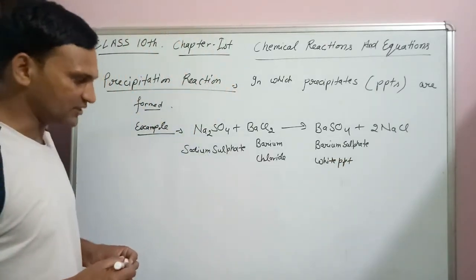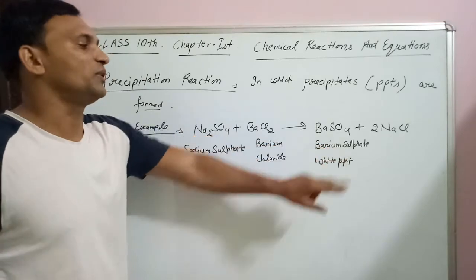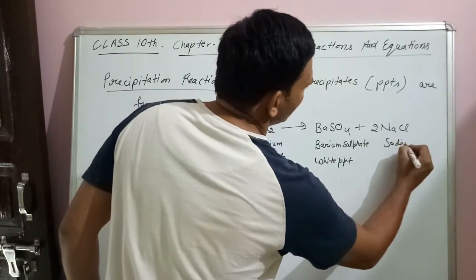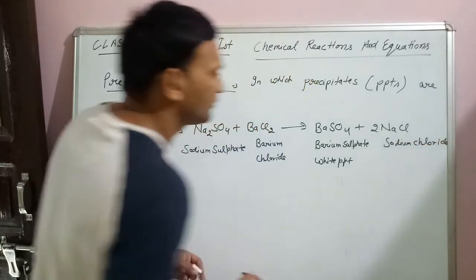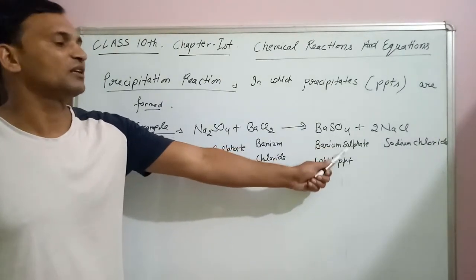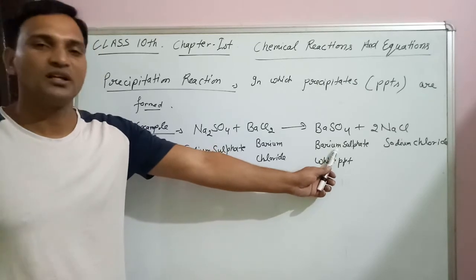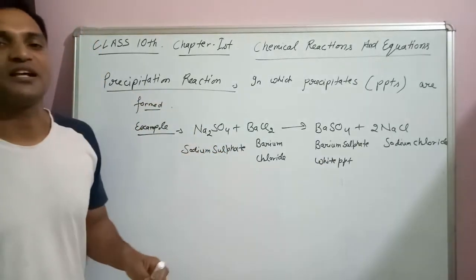This barium sulfate is the solid white PPT that is formed, and this is NaCl, that is known as sodium chloride. So along with the sodium chloride, the white PPT of barium sulfate is formed. So in these reactions, white PPTs are formed, so the reaction is known as a precipitation reaction.